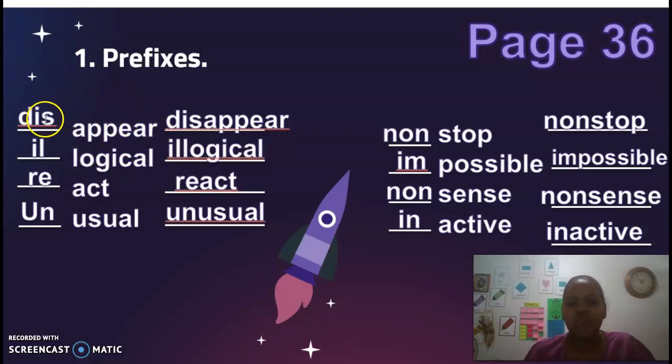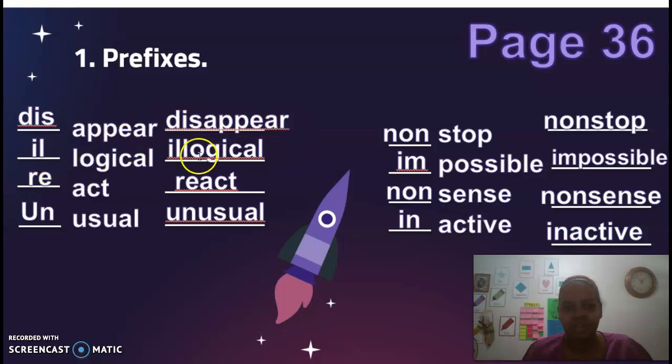So we're going to add the prefix dis, and we are going to get the word disappear. Remember that prefixes are added before the root word, and suffixes are added after. So here the prefix is dis, and we're going to get disappear.